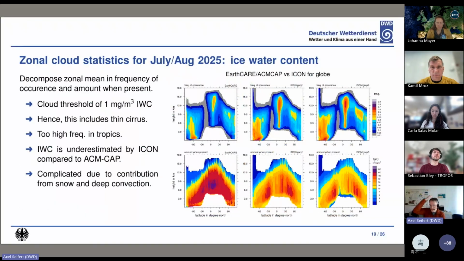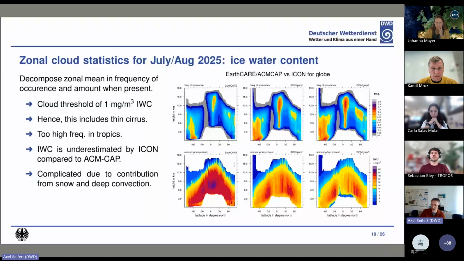So then let's move to the statistics, and here I do a similar thing as for the radiation: zonal mean cloud statistics. But as we are used to from Cloudnet, for example, I decompose this into a frequency of occurrence and an amount when present.